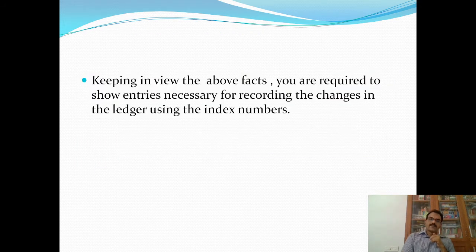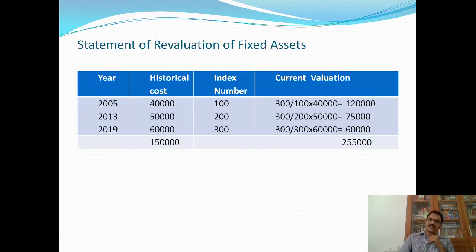Keeping in view the above facts, we are required to show the entries necessary for recording the changes in the ledger using index numbers. So the calculation: statement of revaluation of fixed assets. The first plant was purchased in the year 2005. Historical cost given in the question is 40,000.